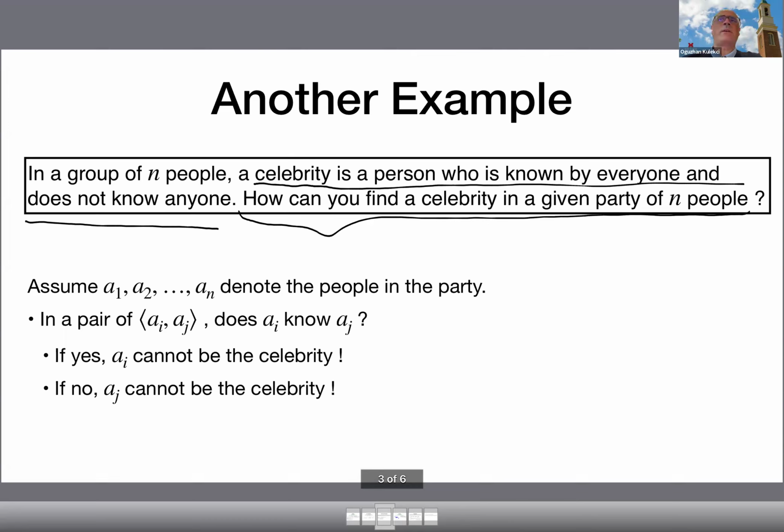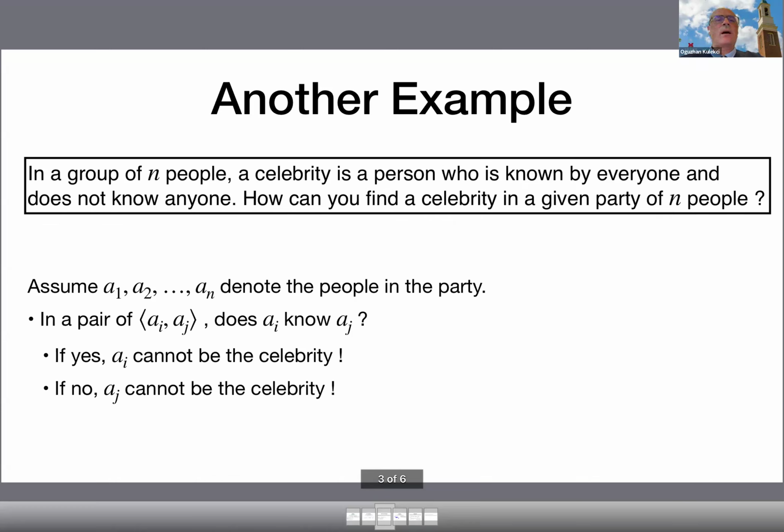If this is not a celebrity, I pick the next guy and do the same check with that. So with just two for loops, right? However, there is a better, more elegant way of achieving this task.